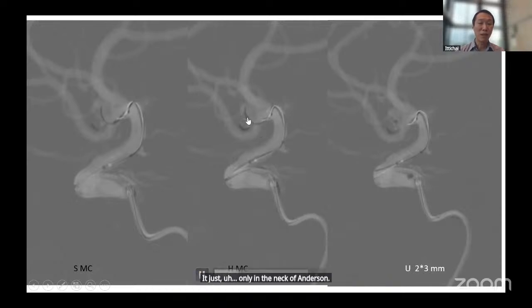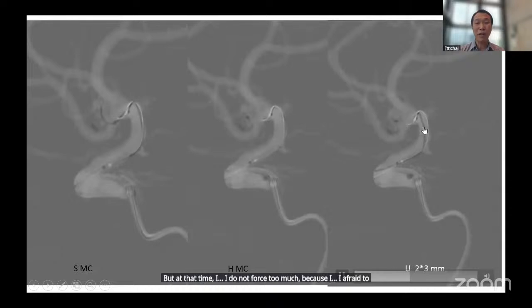This is not enough to stabilize the microcatheter. But at that time, I did not force too much because I was afraid of rupturing it during selection.